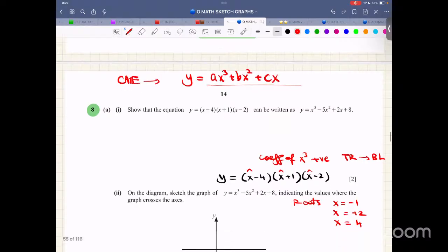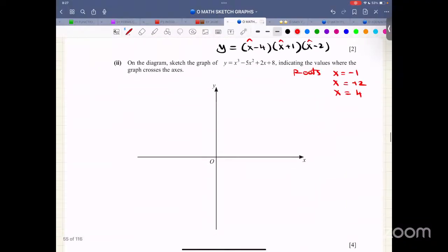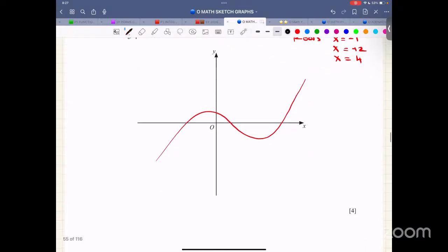So this is a must. But they can also already factorize it for you, multiply it out, you get this, that's good, and then make this diagram. So now 4 and 2, that is over here, and the other one is negative 1. So this is negative 1, this is 2, this is 4, this is top right, this is bottom left.